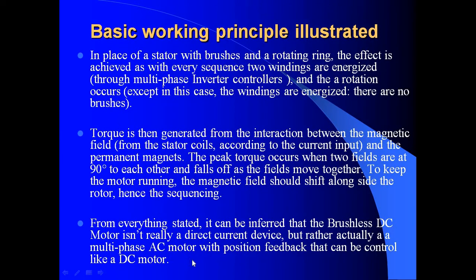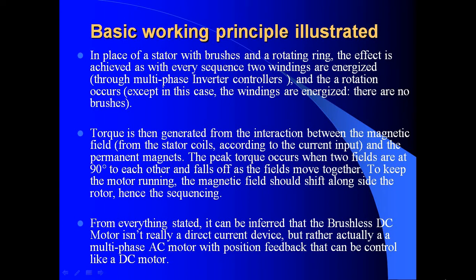Basic working principle illustrated. In place of a rotating ring with brushes, the effect is achieved as in every sequence 2 windings are energized through multi-phase inverter controllers, and the rotation occurs, except in this case there are no brushes.